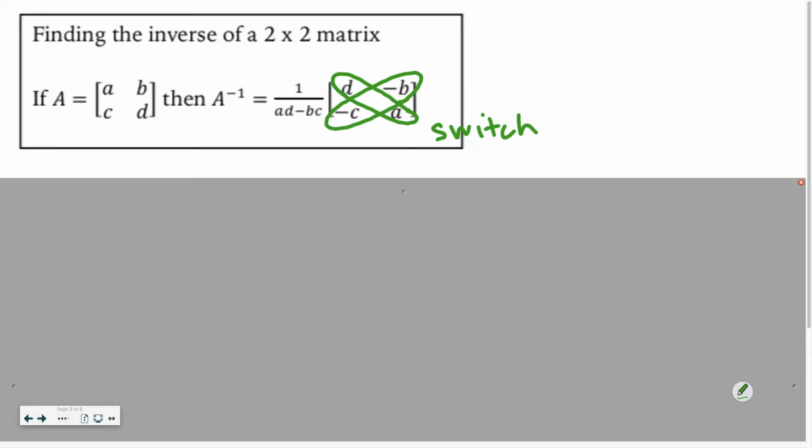Did they stay where they were originally? They stay, but we throw a negative sign in front. We negate them. So we take 1 over criss minus cross, we switch the first diagonal, and we negate the second diagonal. I want to point that out.